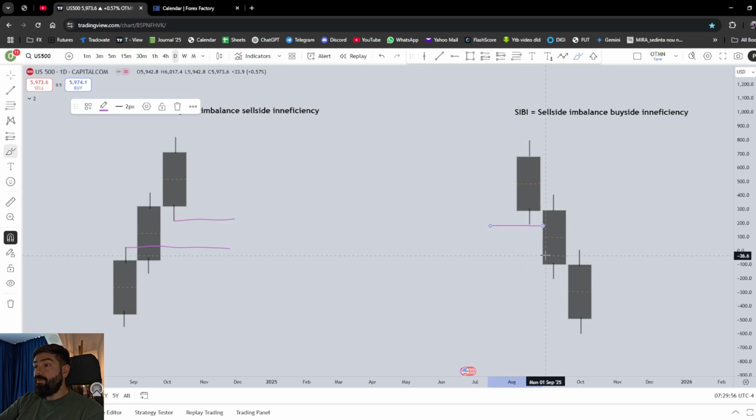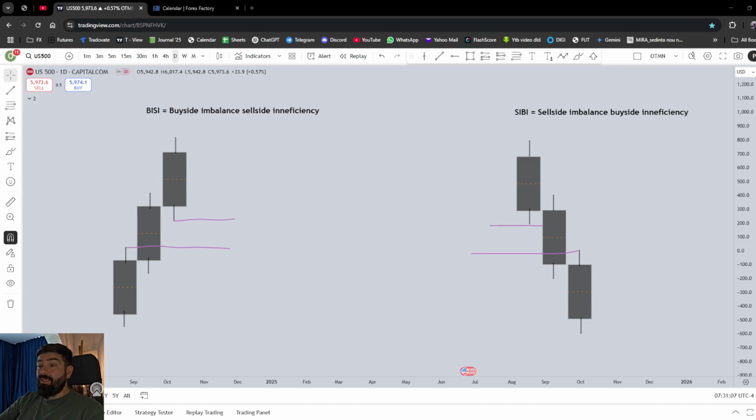Okay, we have candle number 1 with this wick. Between these two wicks, we have an imbalance, a CB. CB stands for sell side imbalance, buy side inefficiency. Sellers created an imbalance in the market when price dropped, and buyers were inefficient in delivering price to this zone. So we are left with this gap.